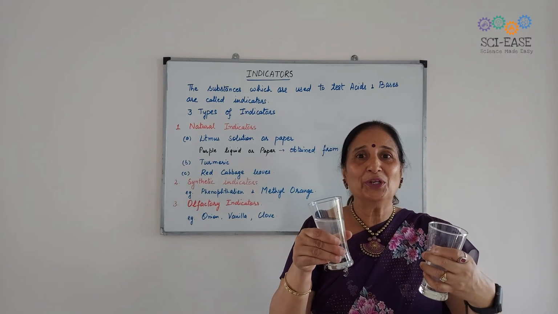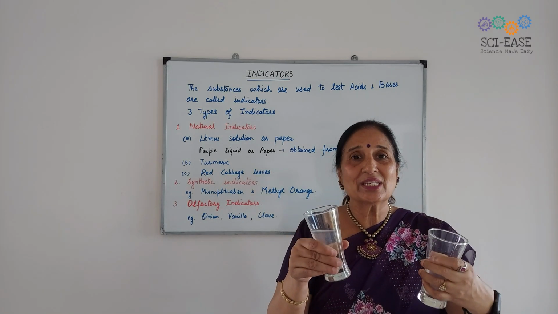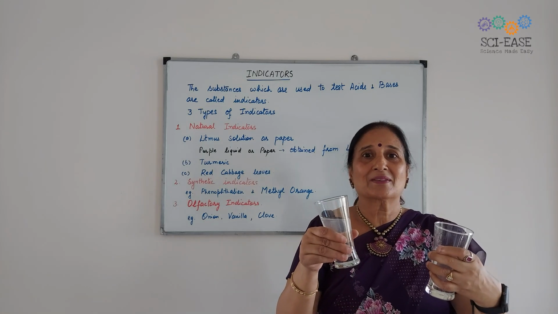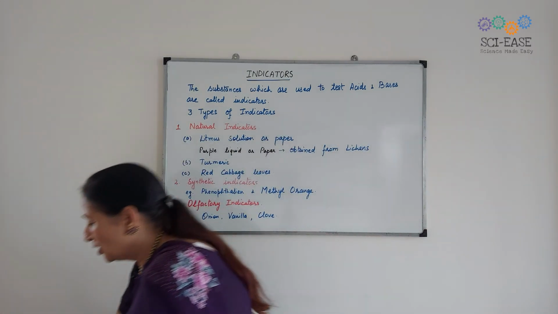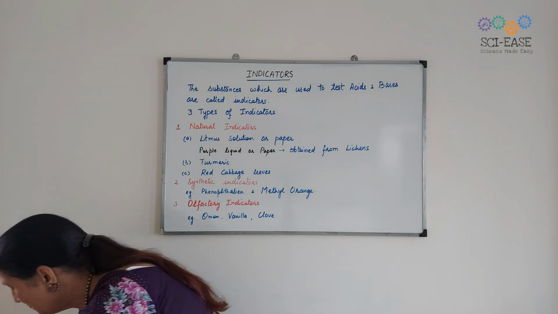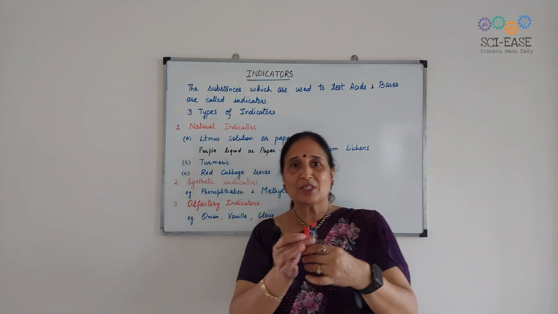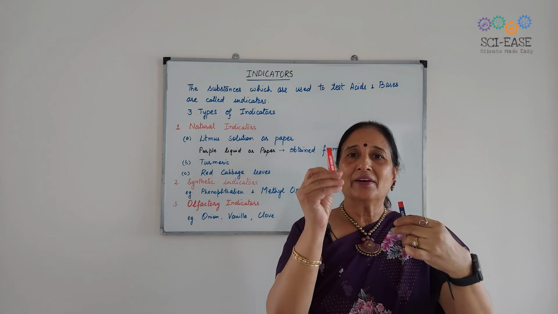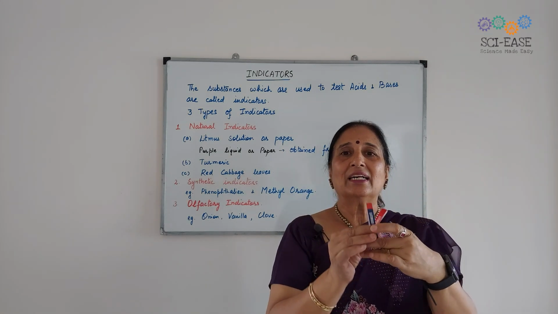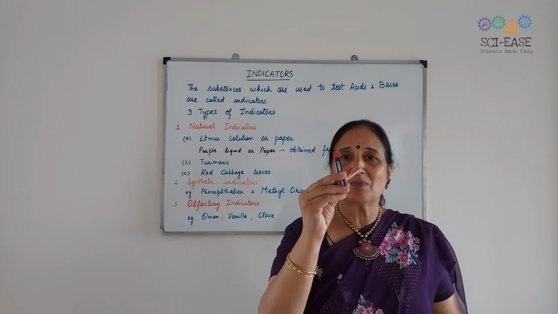So I will tell you by using the litmus paper or solutions. Okay, there are two types of litmus paper. One is red litmus paper and another is blue litmus paper.